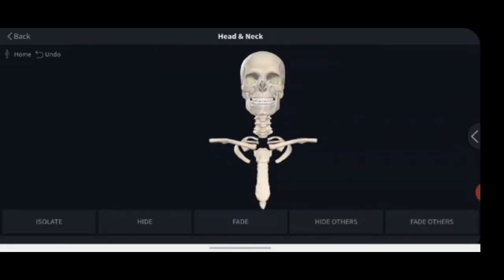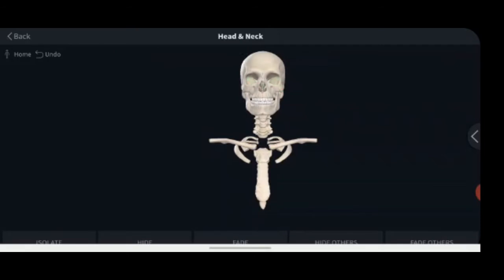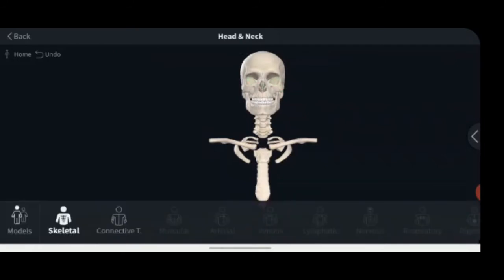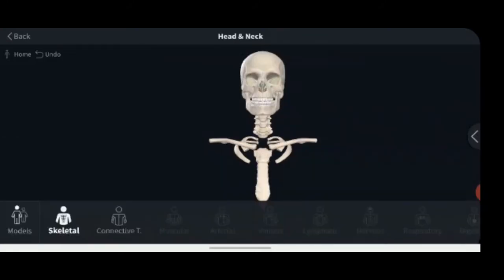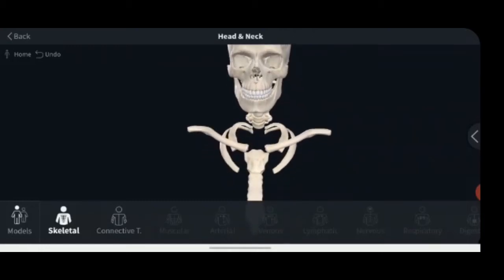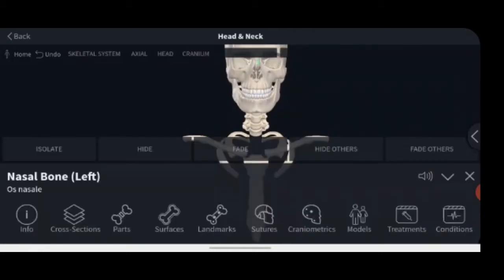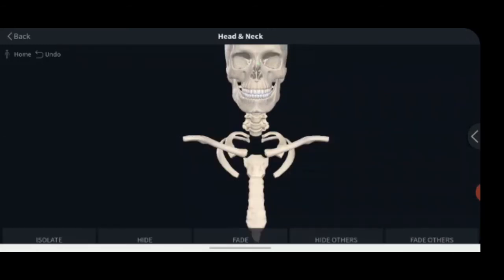We will show the orbit, nasal cavities, bony palate, and alveolar processes of the upper and lower jaw. In the facial skeleton, 14 bones enter into the formation. Paired nasal bones. So this is the nasal bone.